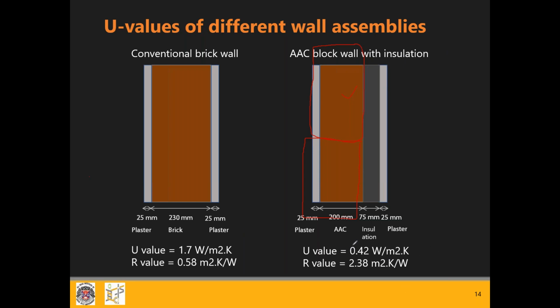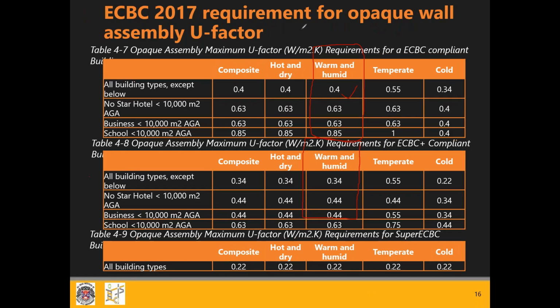Now in this case, this is for an external wall. So if I come here, I see that the external wall requirement for warm and humid is 0.4 watt per square meter Kelvin.